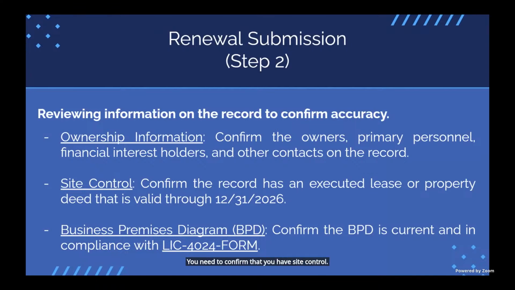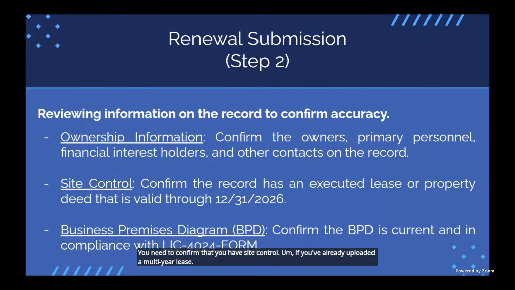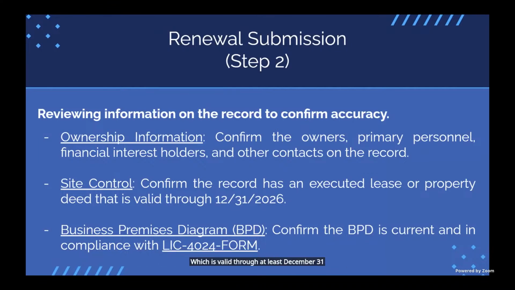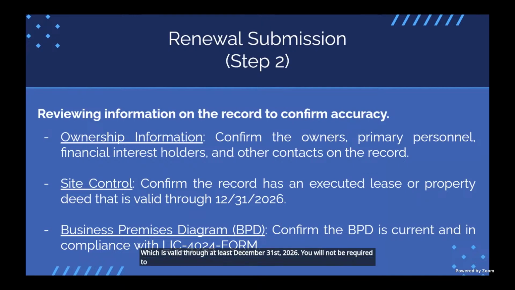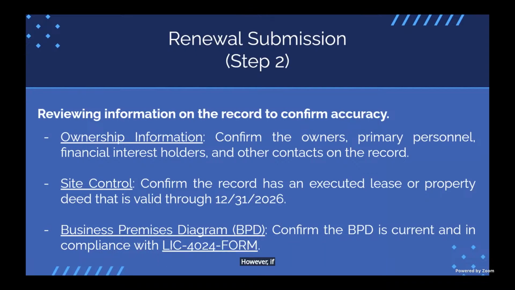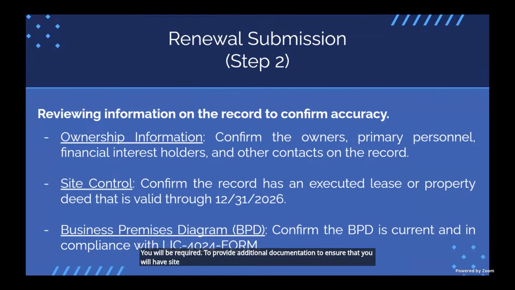If you've already uploaded a multi-year lease, which is valid through at least December 31st, 2026, you will not be required to provide additional evidence of site control. However, if your lease expires before December 31st of 2026, you will be required to provide additional documentation to ensure that you will have site control for the entire calendar year.